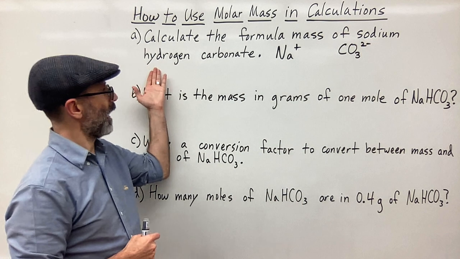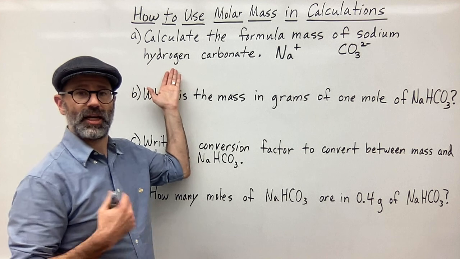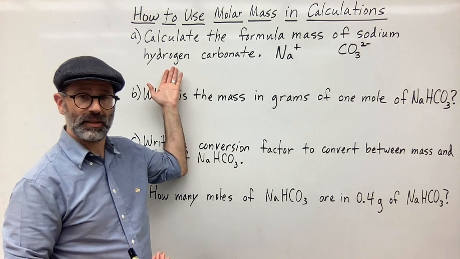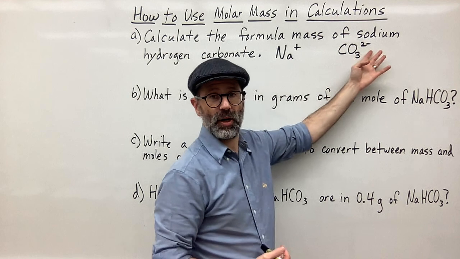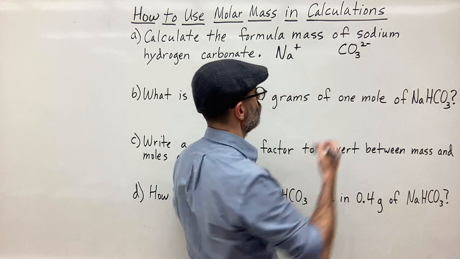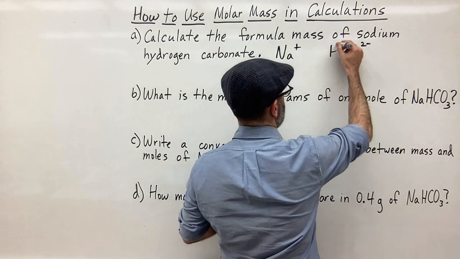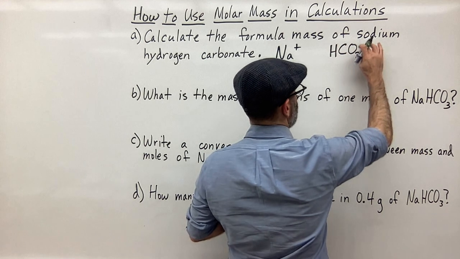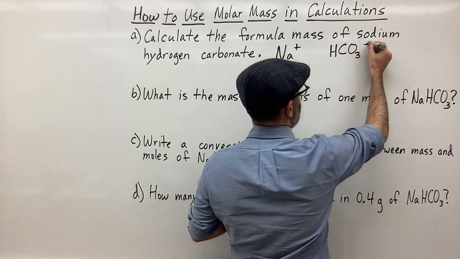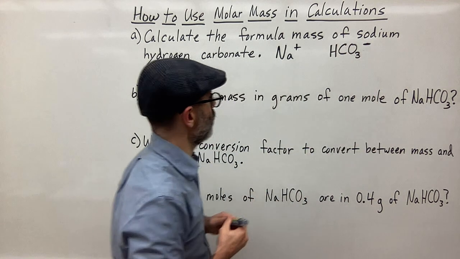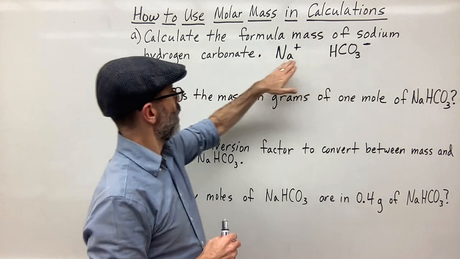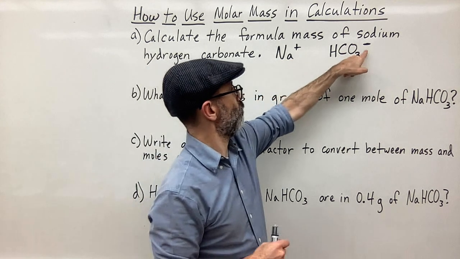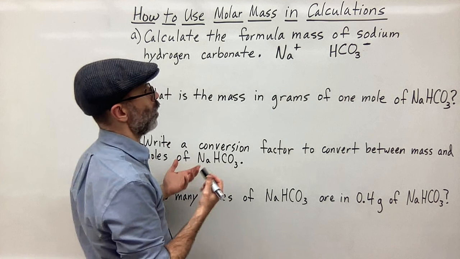If you add a hydrogen to that, thinking of the hydrogen as being positive, the positive is going to eliminate one of the negatives and make it a -1. So we add a hydrogen here, we get rid of the 2, and then we have a -1 there. That would be our hydrogen carbonate ion. And then look, we have a +1 and a -1, they cancel each other out, so you only need one each.